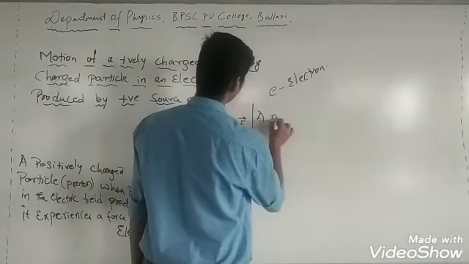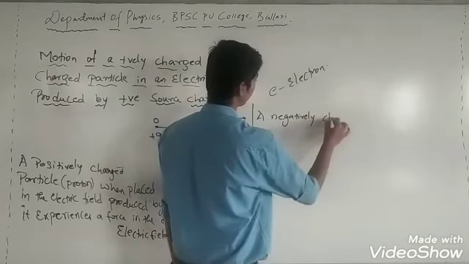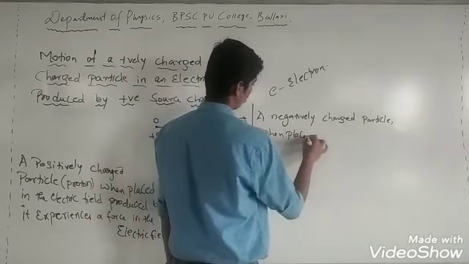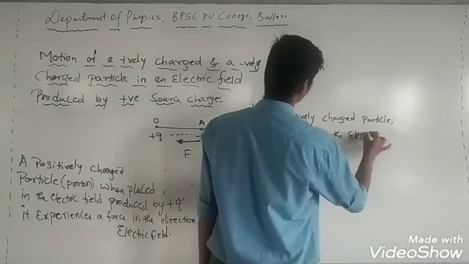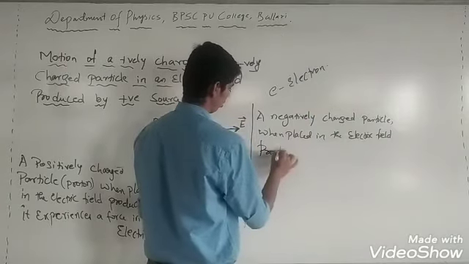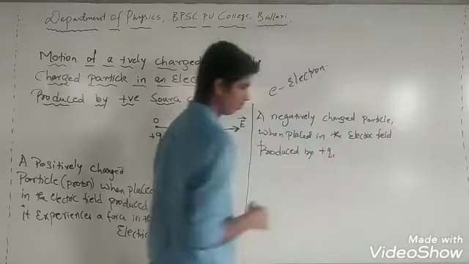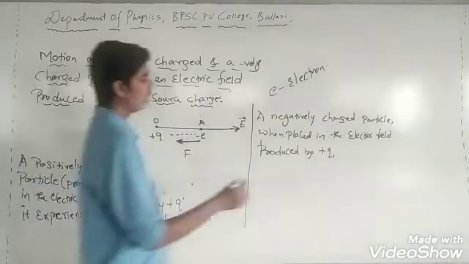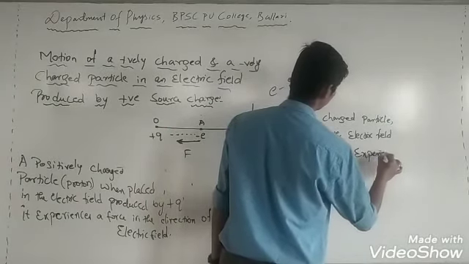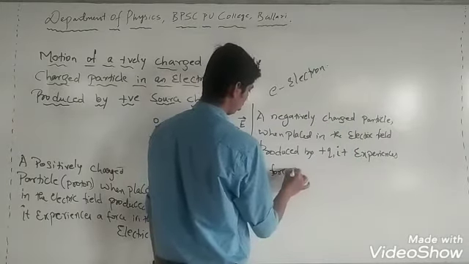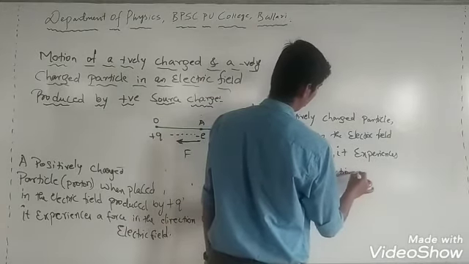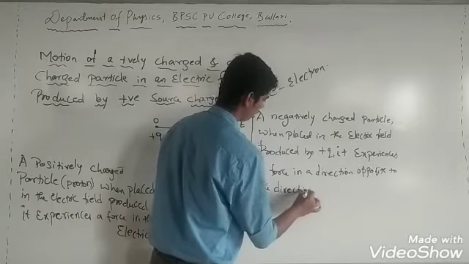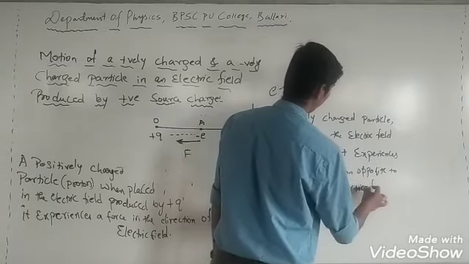So a negatively charged particle, when placed in the electric field produced by plus Q, whenever a negatively charged particle, say an electron, is placed in the electric field created by plus Q, it experiences a force in a direction opposite to the direction of electric field.